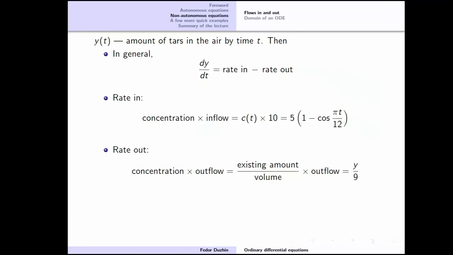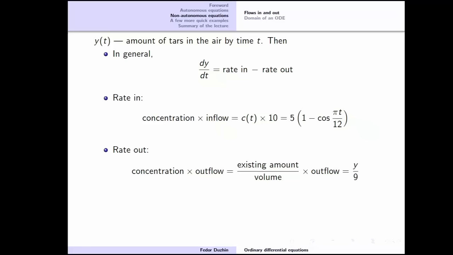Alright, so let us look at the rate out. The rate out is concentration times the outflow, but now concentration is different. In the rate in, concentration comes from smoking, and it is given by this function C of t. In the rate out, when air gets out of the lounge, concentration is just the existing amount of tars over the volume of the lounge.